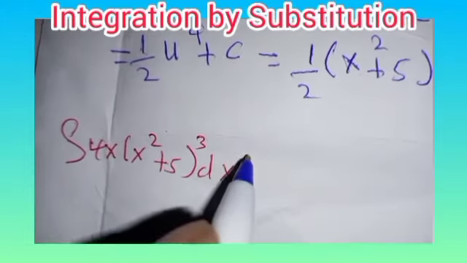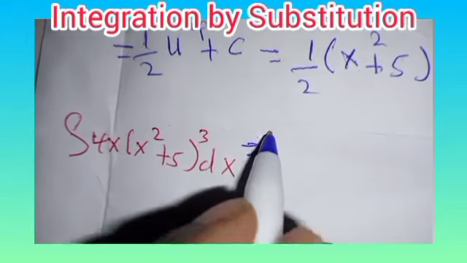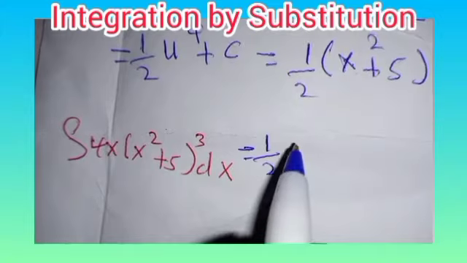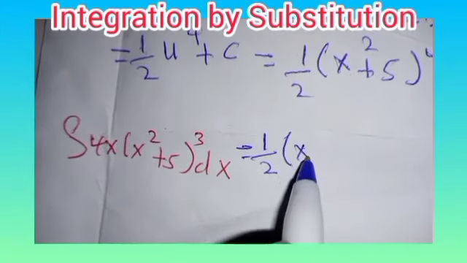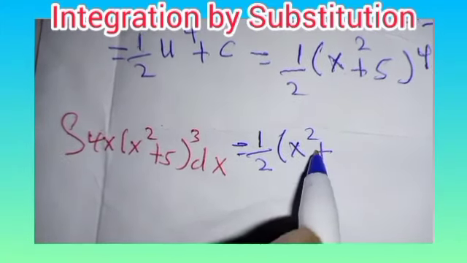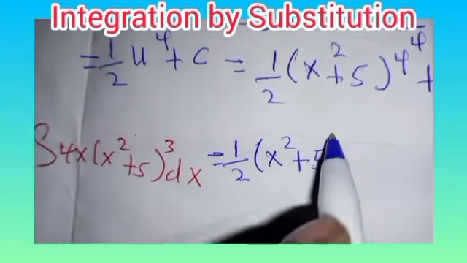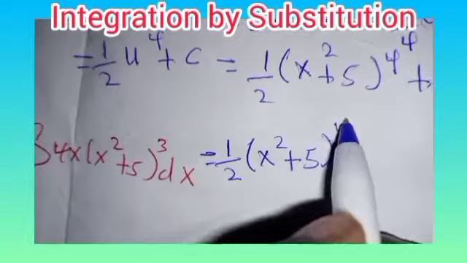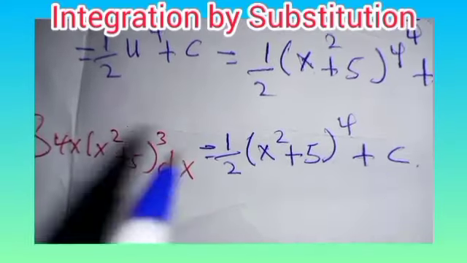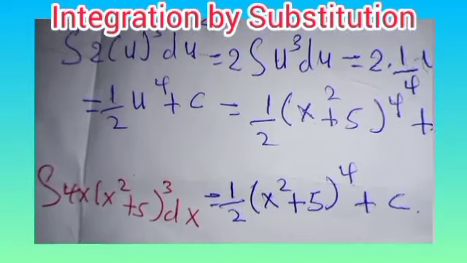Hence, when we integrate this, we are going to get half into bracket x squared plus 5 power 4 plus a constant c. So that is the result you are going to get.